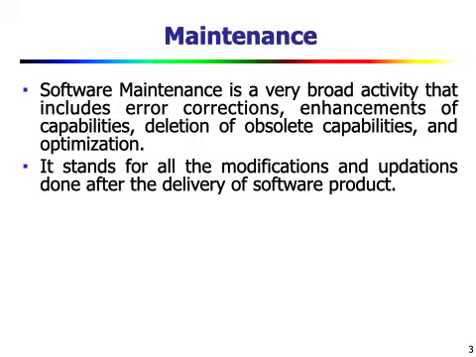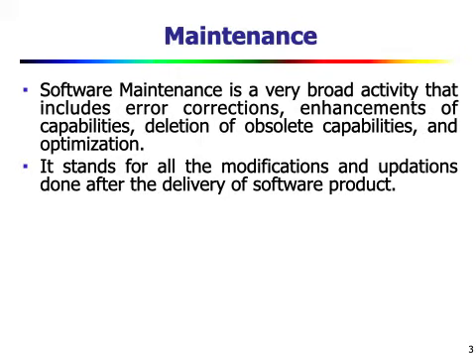When you have completed coding and testing, then you are going to deliver the product to the customer, and the customer is going to ask for some kind of modifications and updations due to some kind of error, or to enhance capabilities, or to delete obsolete capabilities, or for optimization, etc. Then you are going to do some kind of modifications and updations, and that is the software maintenance phase.